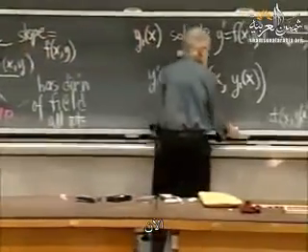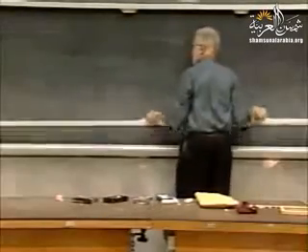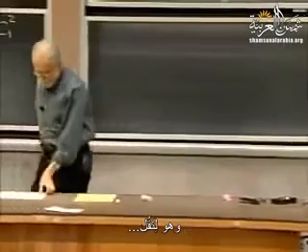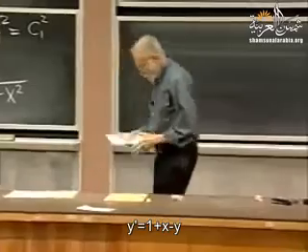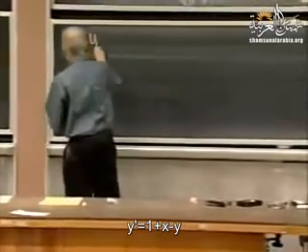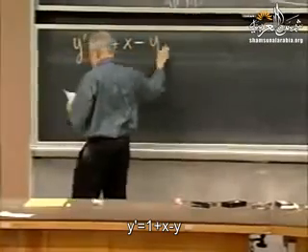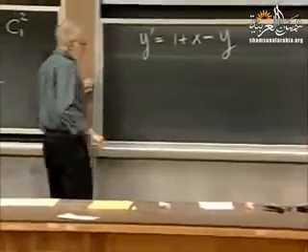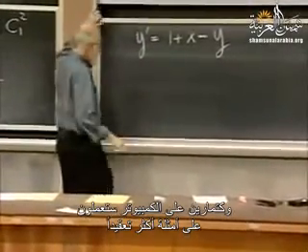Now, a slightly more complicated example is going to be y prime equals 1 plus x minus y. It's not a lot more complicated, and as a computer exercise, you'll work with still more complicated ones.